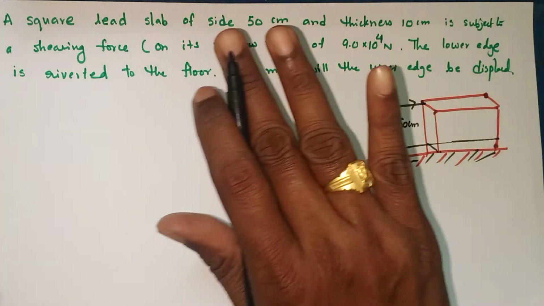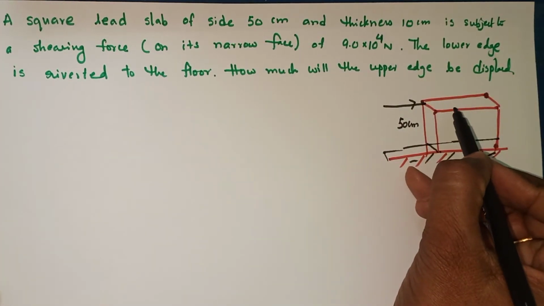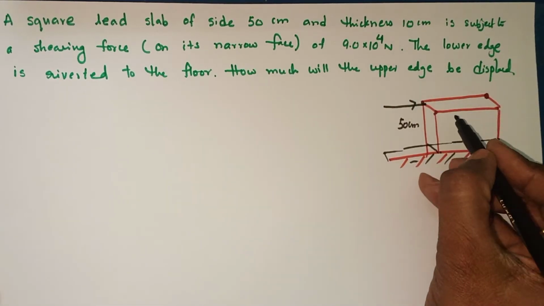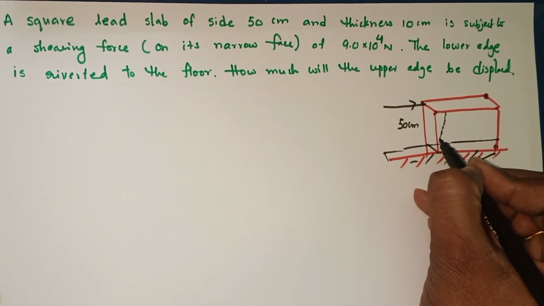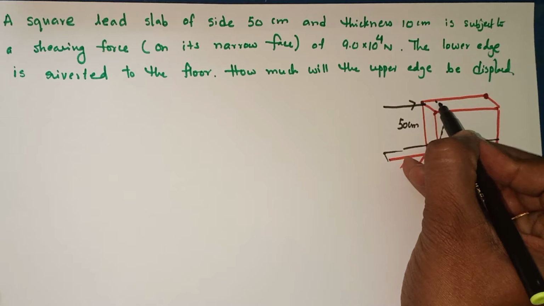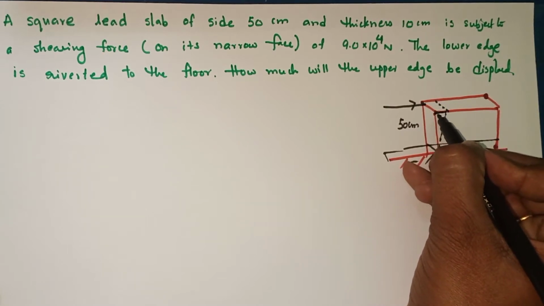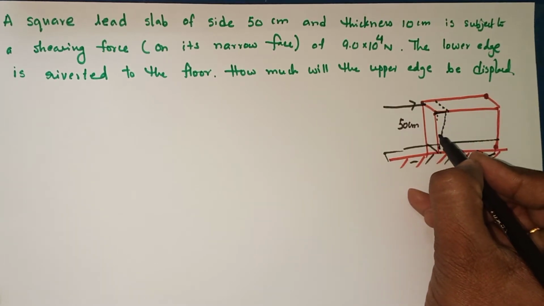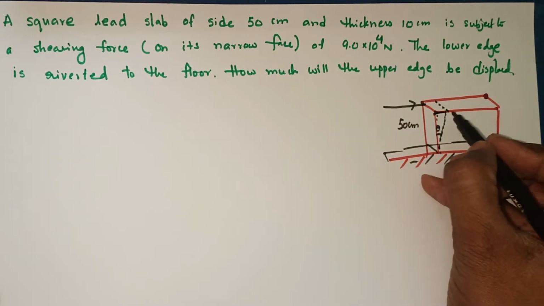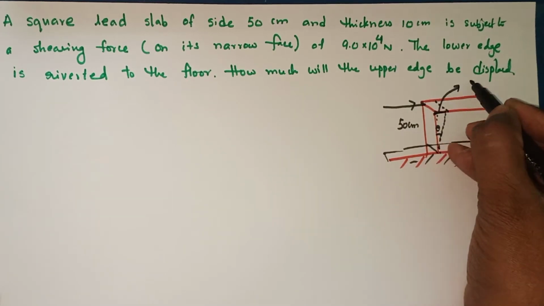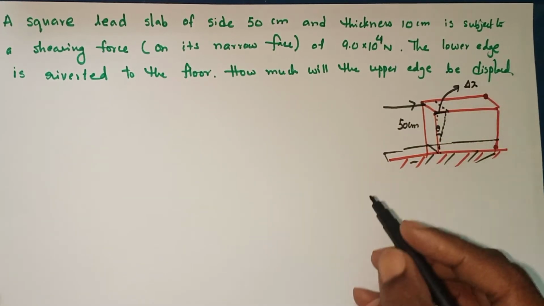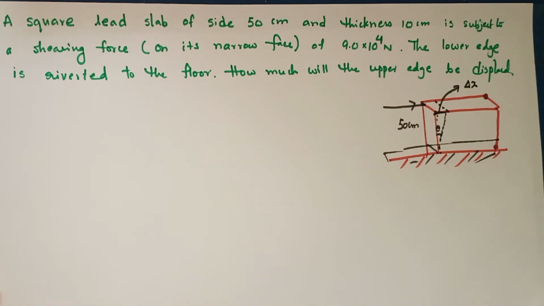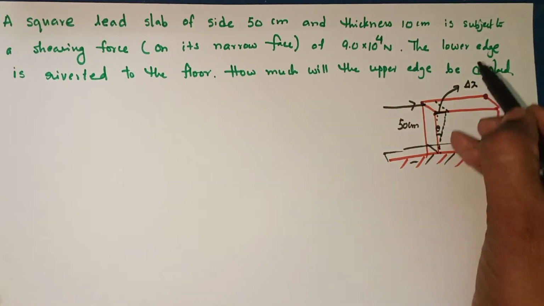What happens? It would tilt like this. This is angle theta. This is called delta x. Now we need to calculate this delta x.